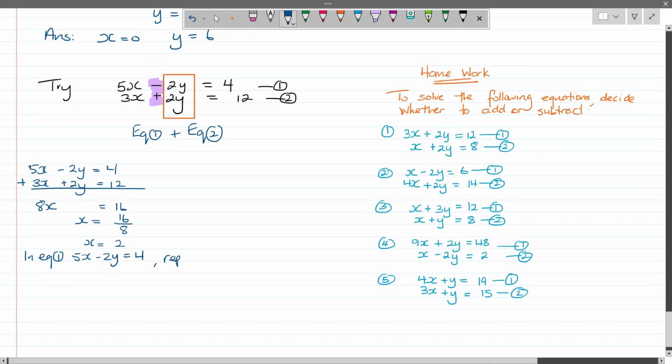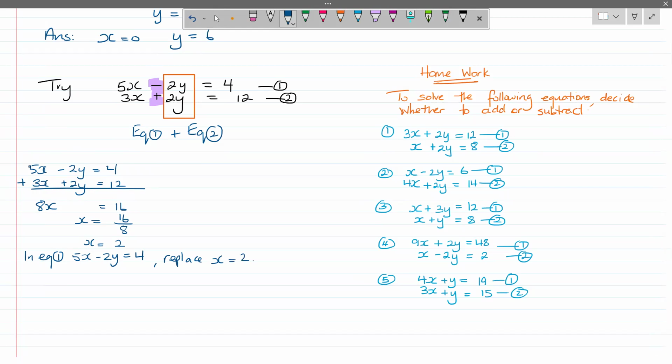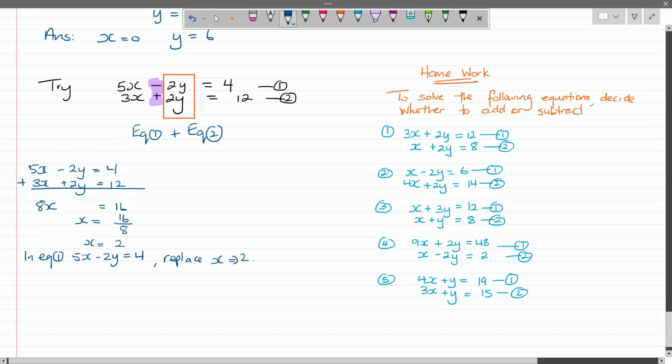And then in equation 1, which is 5x minus 2y is equal to 4, we want to replace x with a 2. So write the equation, replacing this x here with a 2. That means we have to multiply that 5 by 2, okay? So we get 10 minus 2y is equal to 4.